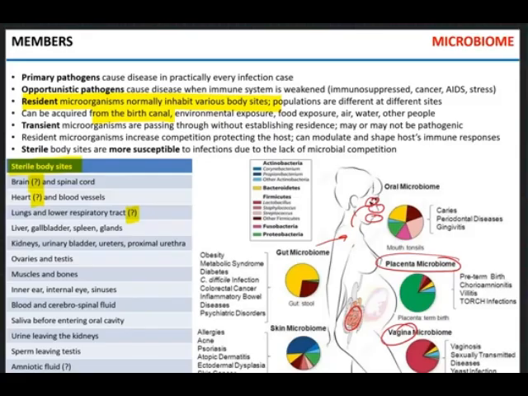Now, here's the question that I have for you, folks. Let's say you have 2 newborns. One was delivered through the birth canal, and another one was delivered by C-section. Question number 1, are they going to have different microbiomes?